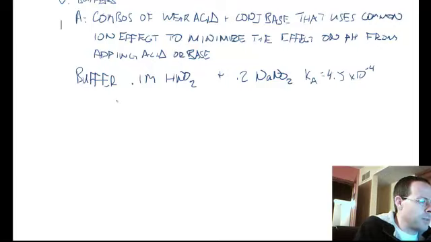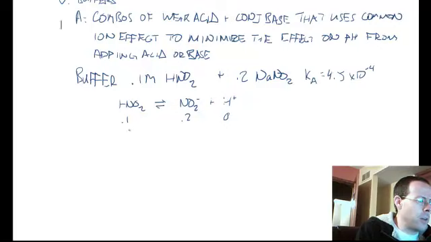So if we kind of set this up, we basically have HNO2, and it is going to form, if we add water, nitrite, and we're going to make hydronium, or H+. So if this concentration is 0.1 molar, and our nitrite is 0.2 molar, that's our common ion.